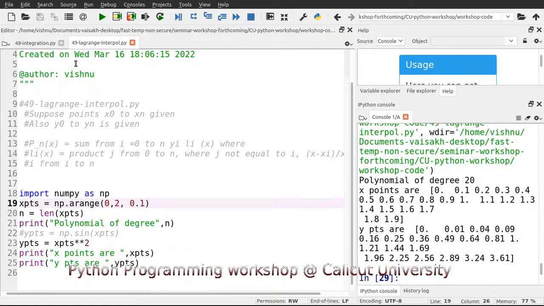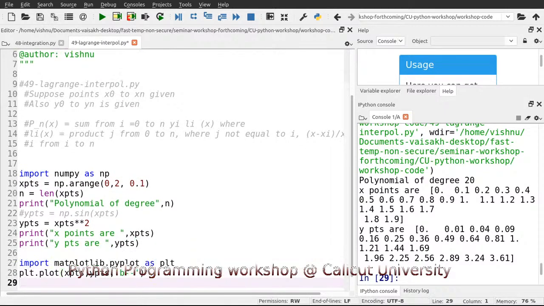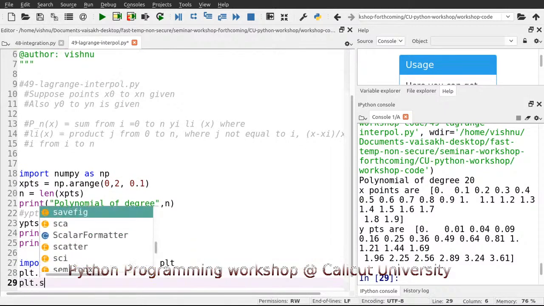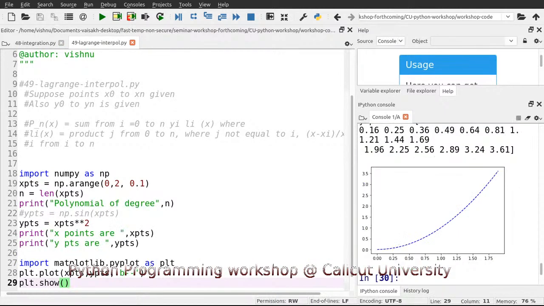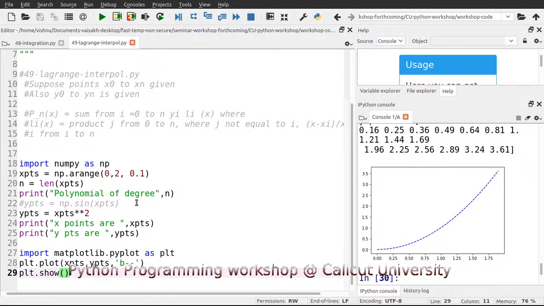Let me just try to see x points and y points in plotting. This curve seems to be somewhat better, somewhat fine.